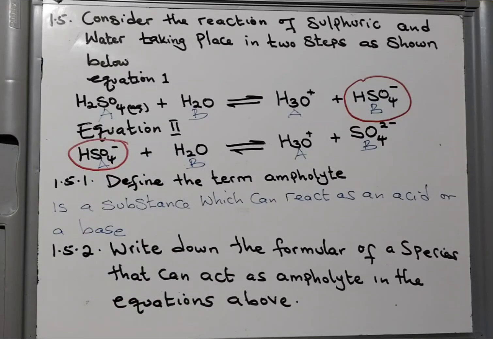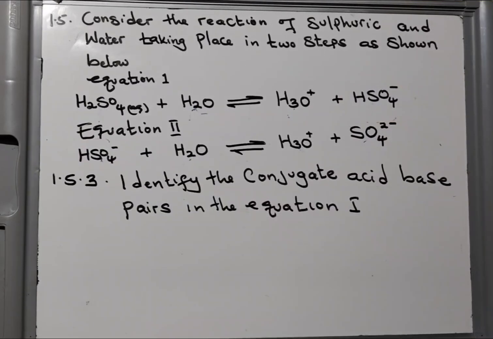So that means that it can act as an acid or a base, meaning that it's the ampholyte. So that's that. So we go to the next follow-up question on this one.